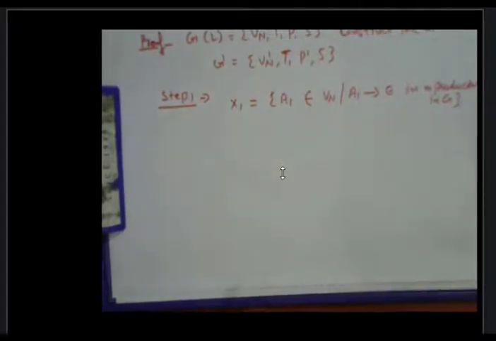Then how to reduce that production with another production?